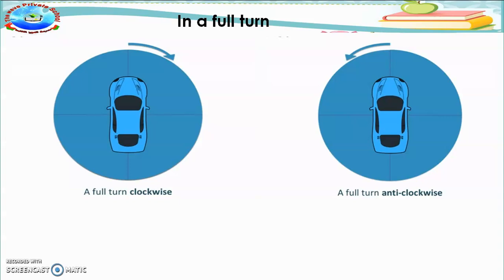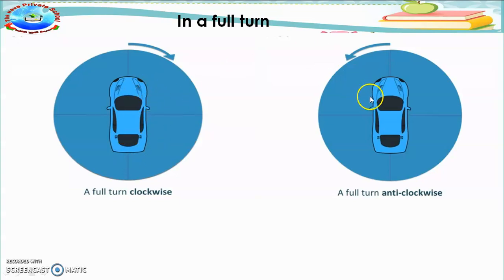When a car makes a full turn in a clockwise direction, how many right angles are formed? A full turn means how many quarters here? 1, 2, 3 and 4 quarters. That is 4 right angles.